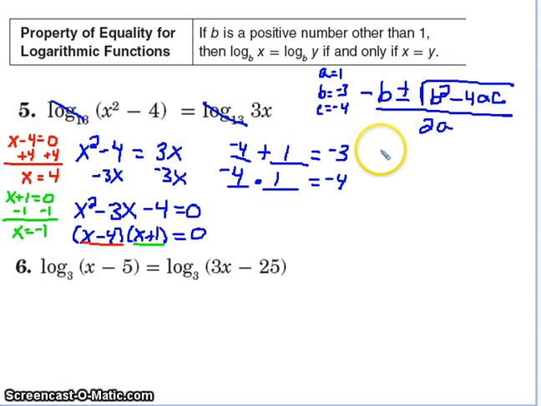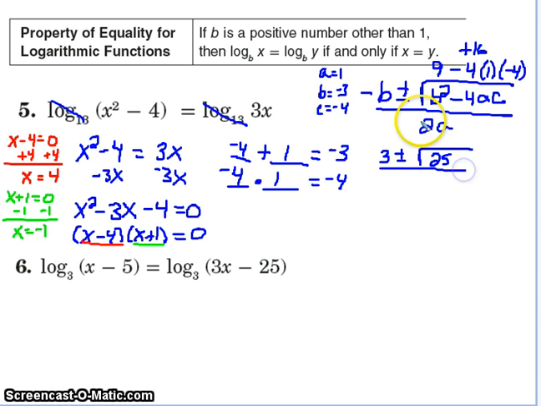So we have a -3, which becomes a positive, plus or minus, and I'm going to do some math up here. B squared is going to give me 9 plus, and it will be a plus because we've got a -4 and a 1 and a -4. So that's actually going to give me -4 times -4, which will give me +16, and 9 plus 16 gives me the square root of 25 all over 2.